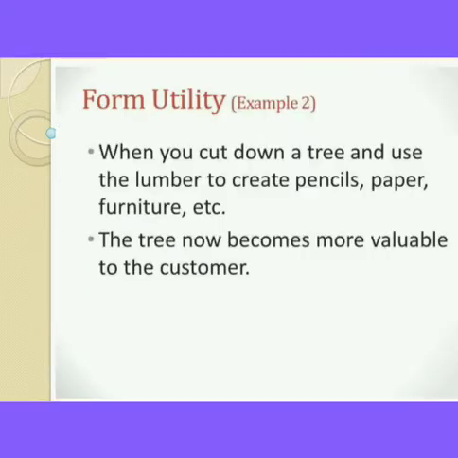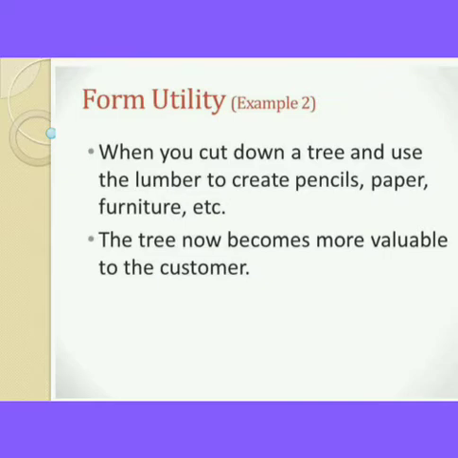A form utility is when you change the form in which something is found. If you know that a particular something is going to have more want-satisfying quality when you change its shape, and you do it, then you have created utility. If you've created a want-satisfying quality, you have created utility.